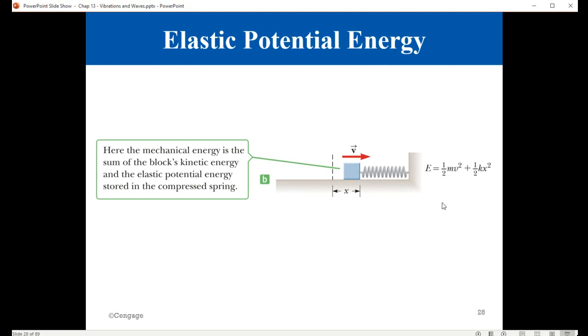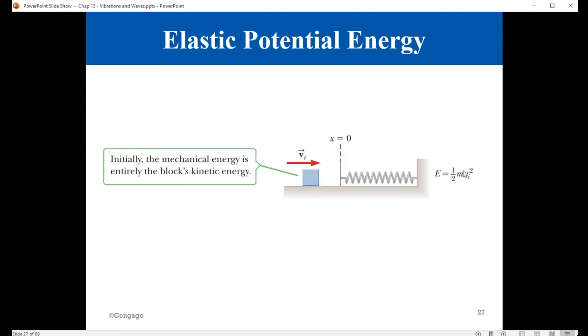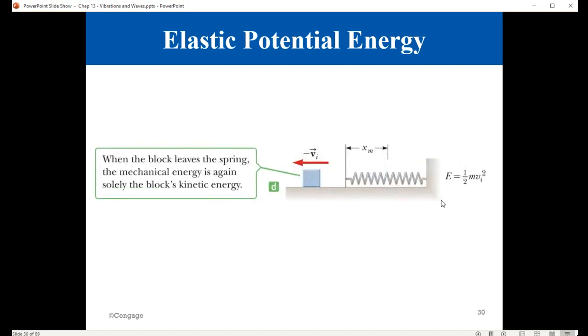The potential energy is half kx squared. Remember that energy is conserved. So these two energies must be equal to the original energy, half m vi squared. Okay?